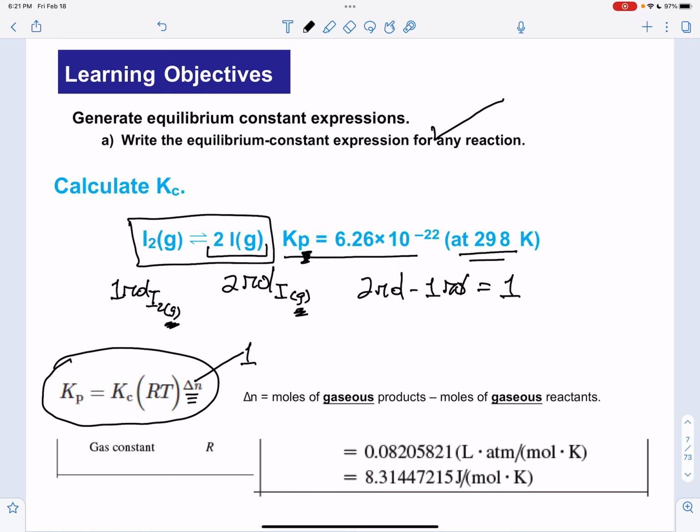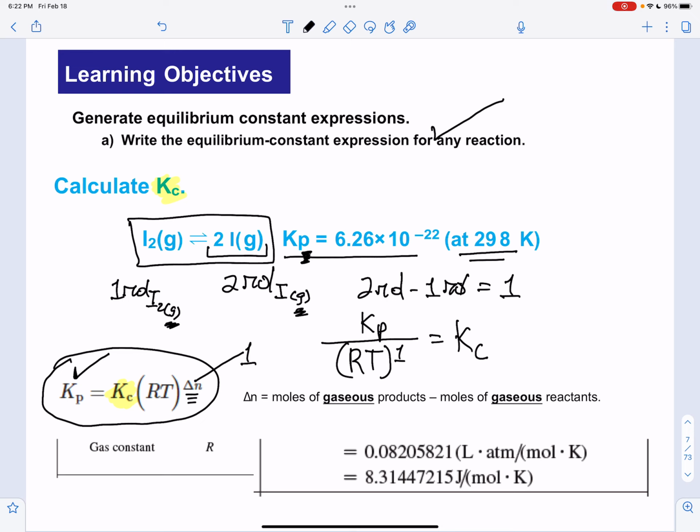We are given the Kp, and we are being asked to find the Kc. That's what we're looking for. Before we go any further, let's do some algebra here and solve for the Kc. So Kp over RT to the delta n, which we saw is 1, equals Kc.